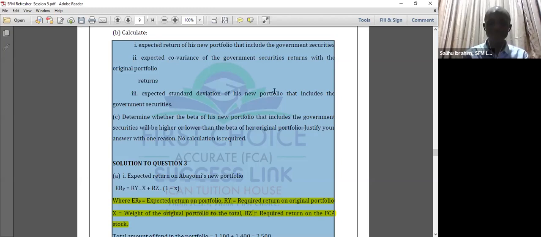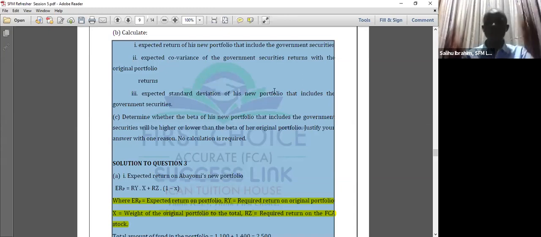Covariance is the measure of the movement of two or more securities in a particular portfolio. The movement of the returns of two or more securities in a portfolio is what you call covariance.